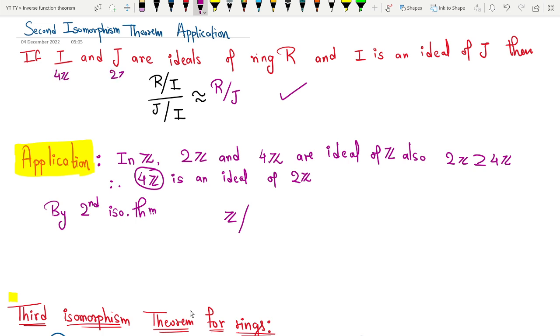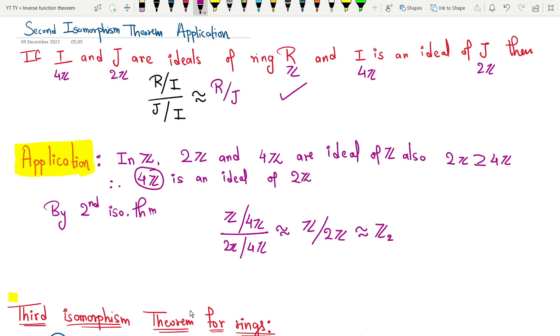This is 2Z. This is Z. Hence, my 4Z is an ideal of 2Z. Everything is working well. So, it is Z modulo 4Z, congruent with 2Z modulo 4Z, is isomorphic to, that 4Z will vanish and I get Z modulo 2Z. More precisely, that is nothing but Z2.